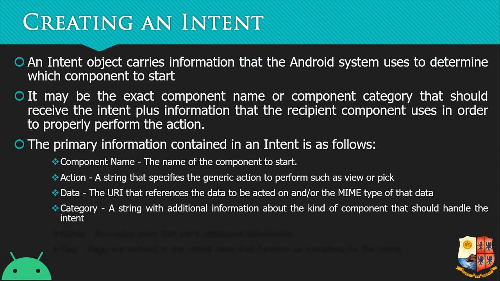Category. What type of category, in the sense, is it going to be a browser based one? Is it going to be a camera based one? Category is just additional information saying what category it comes under. Just remember when you open a PDF file, what are the apps which come to your aid?